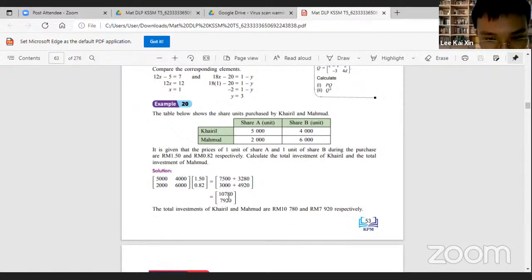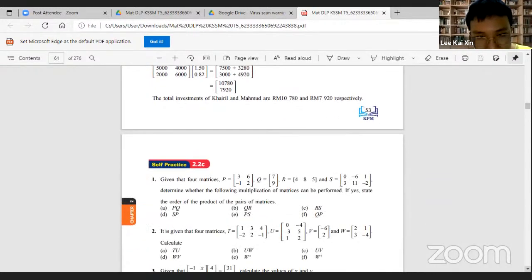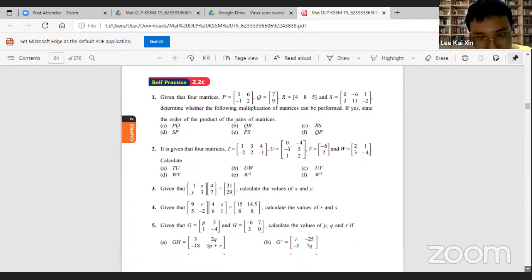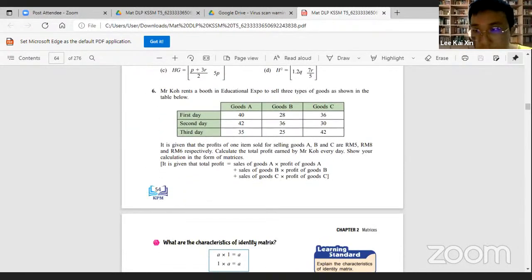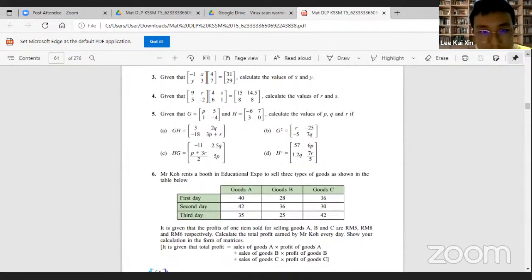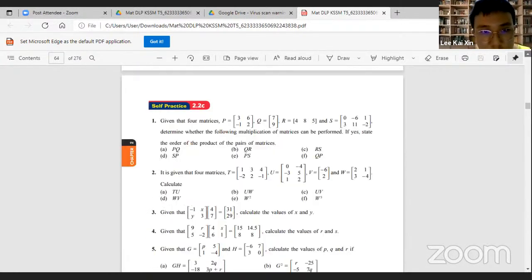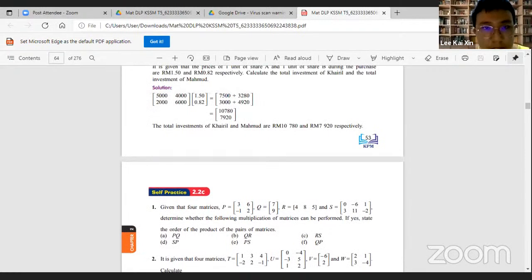After we calculate, we can get this answer. So the total investment of Kyril and Mahmoud is this and this respectively. You can use a calculator. For most of the questions on multiplication of matrices, you should be able to calculate using a calculator, unless there is an unknown or things like that.